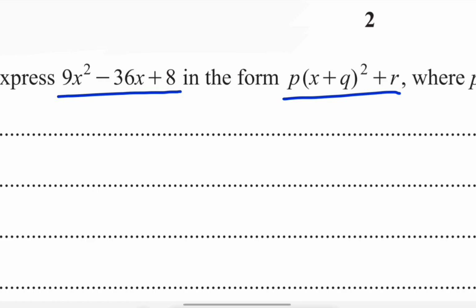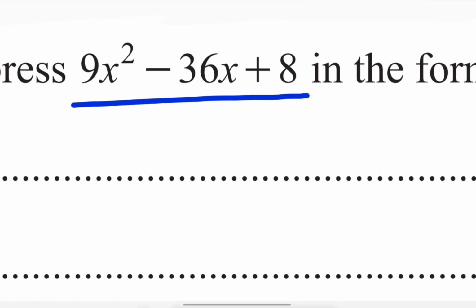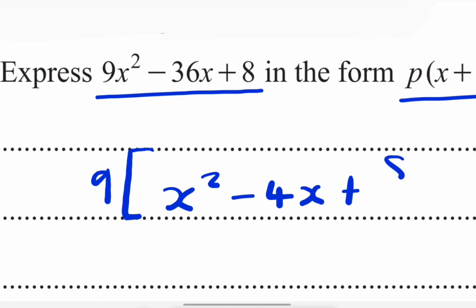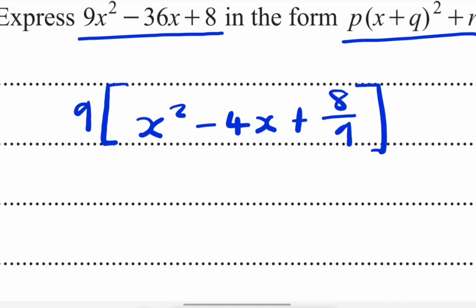And in completing the square for this, where we have a number that's not 1 as a coefficient of x squared, we factor it out. So this will be 9 times x squared minus 4x plus 8 over 9, like this. And now we complete the square for this part.